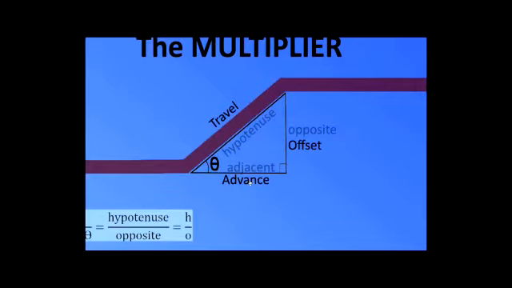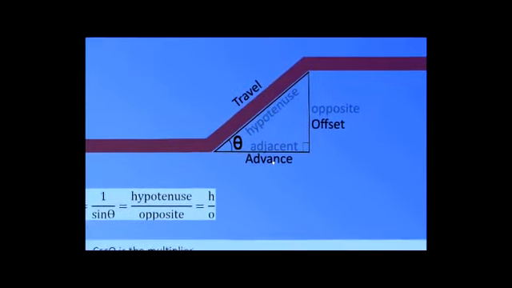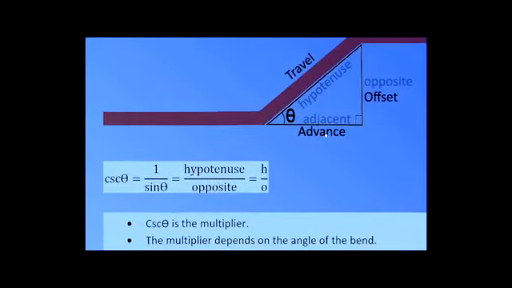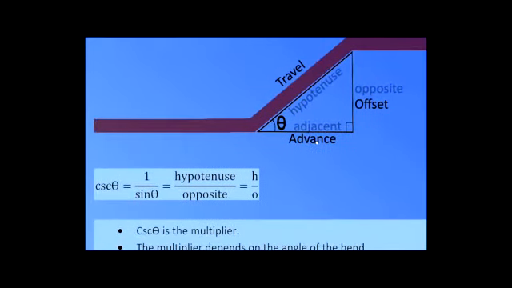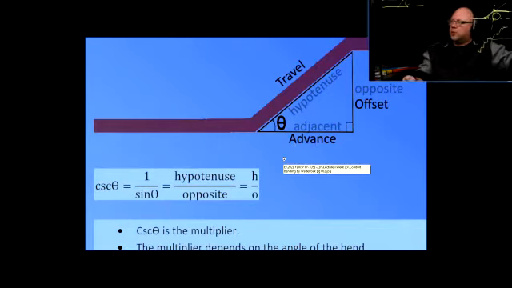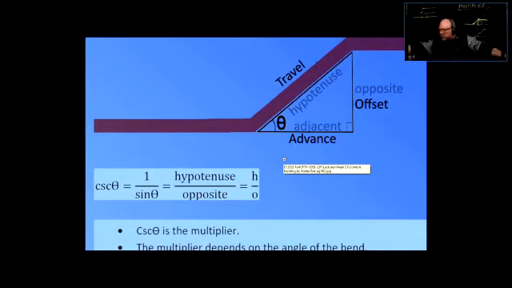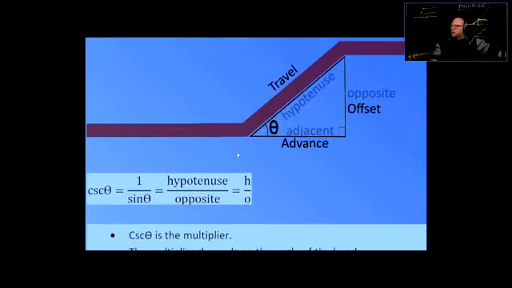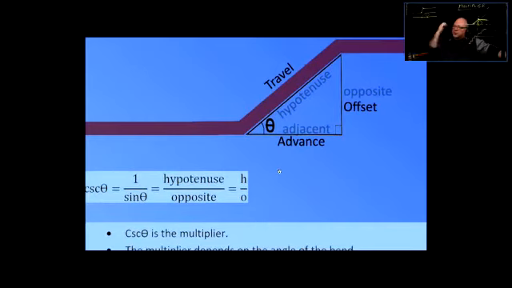All right, so how do we calculate that distance? Well, we're going to come up with something that's called a multiplier. So follow me with this. I'm just going to make myself smaller a little bit here. There we go. We are going to use the cosecant. What are the players in this scenario here?